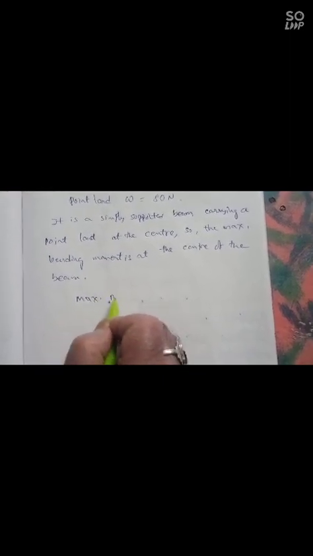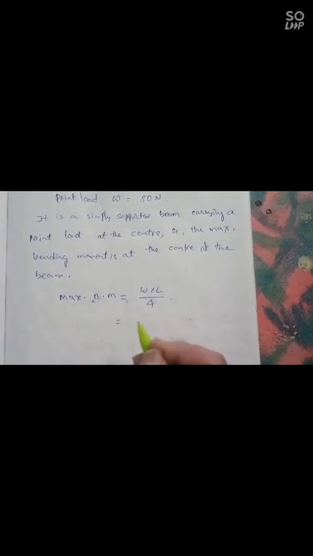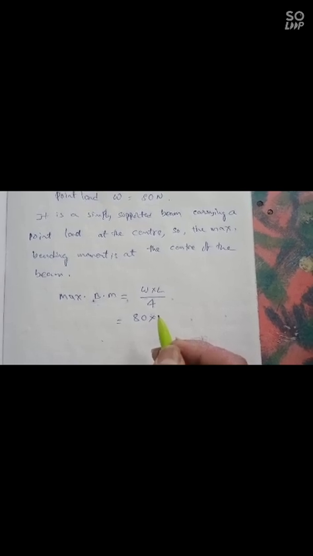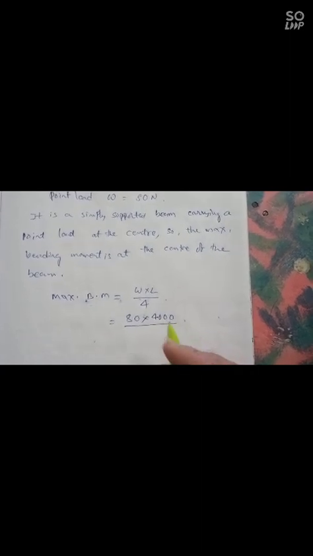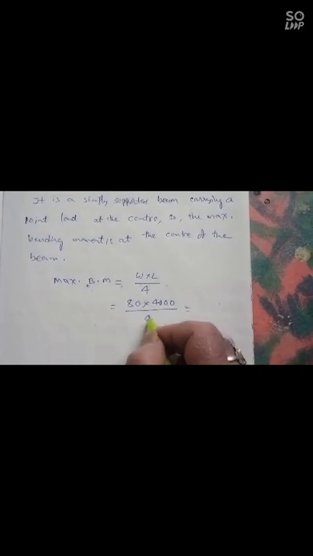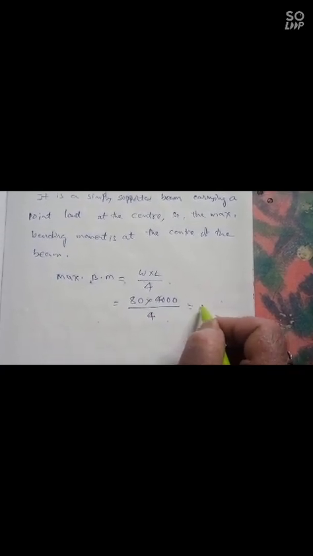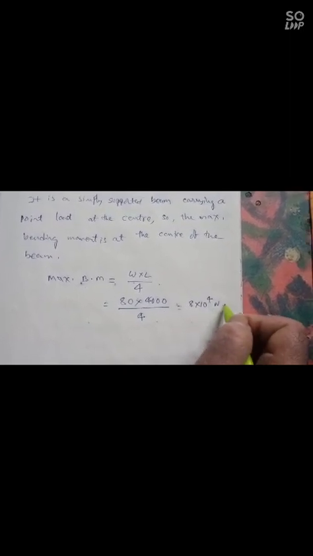Maximum bending moment is equal to W into L by 4, which is equal to 80, the point load, into 4000 mm by 4, so it is 8 into 10 to the power of 4 Newton millimeter.